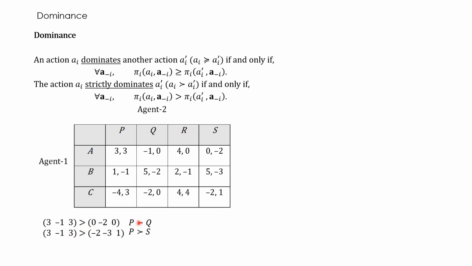Therefore, P strictly dominates Q. And likewise, 3, -1, 3 is element-wise greater than -2, -3, 1. And so P also strictly dominates S. Therefore, Q and S are redundant. Agent 2 is never going to play any of these actions.